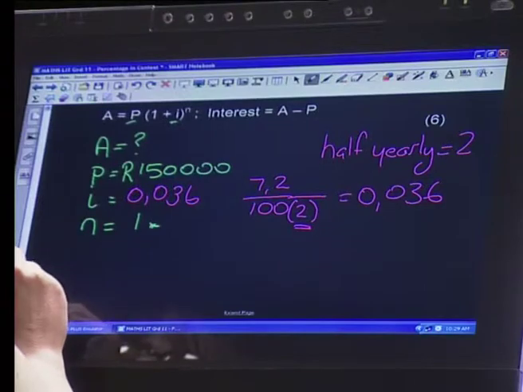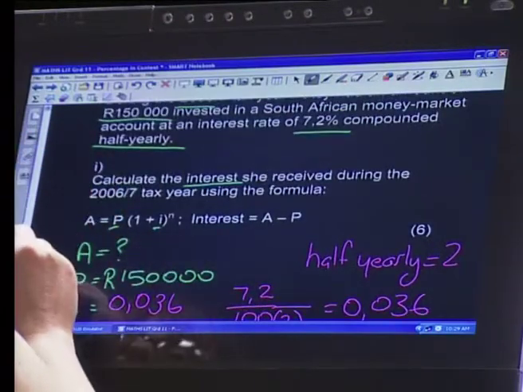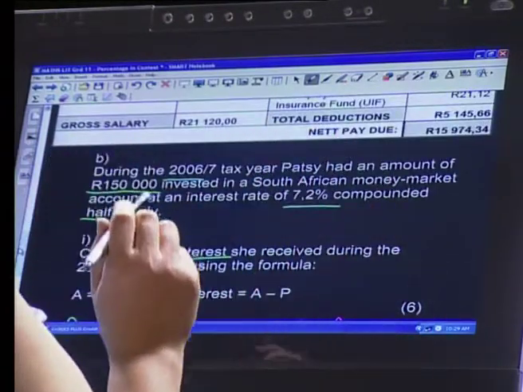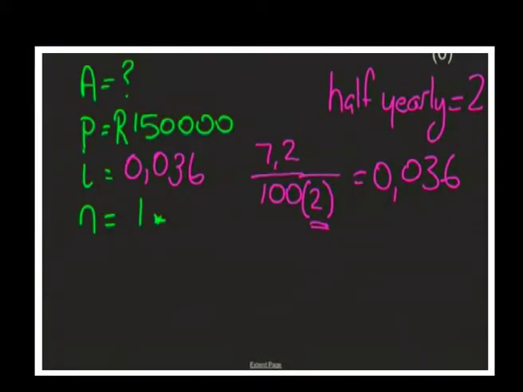Why are we dealing with 1 year? It didn't give us the time this was invested for, but we're dealing with Patsy's tax, and we're dealing with her tax only in a year period. So that is why my number of years was 1, but I had 2 compound periods. So I'm going to take that and times by 2, and write it in as my n being 2.